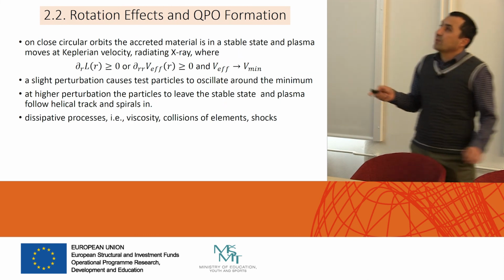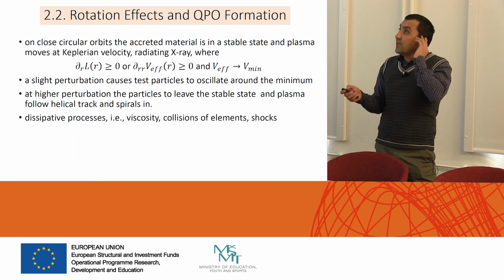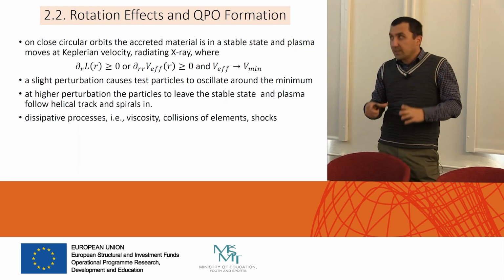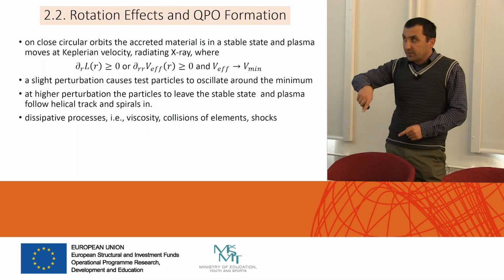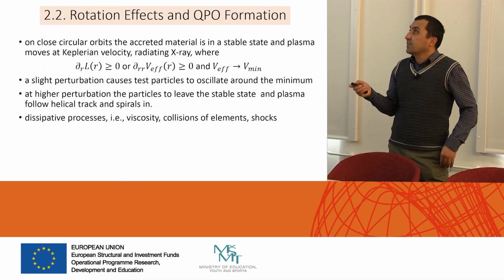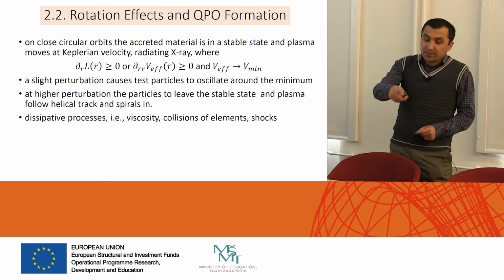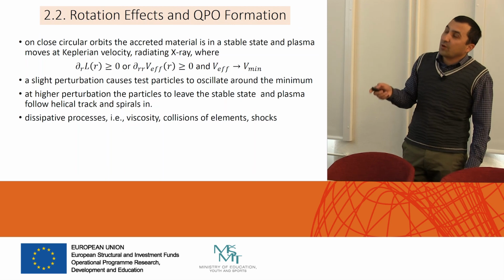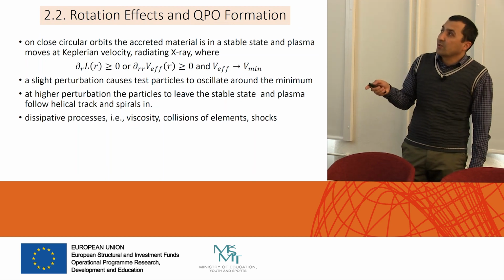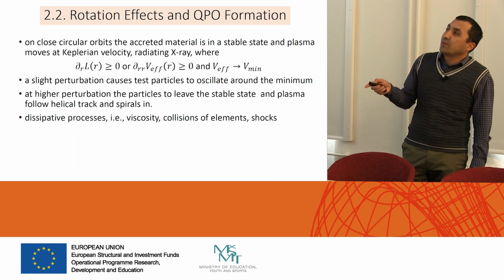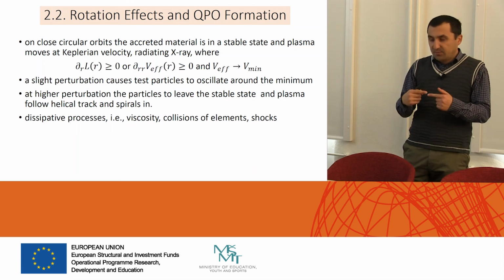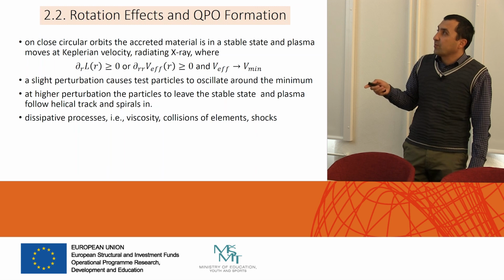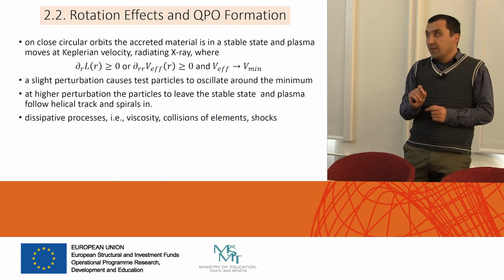And as we mentioned, the circular orbits of the accreting matter are in stable orbits, and the plasma moves at Keplerian velocity and radiates X-rays, where the first derivative of the angular velocity of particles is larger than or equal to 0, or the second derivative of the effective potential of these particles is larger than or equal to 0, at the point where the effective potential takes its minimum. A slight perturbation of particles causes oscillations around the minimum of the effective potential.